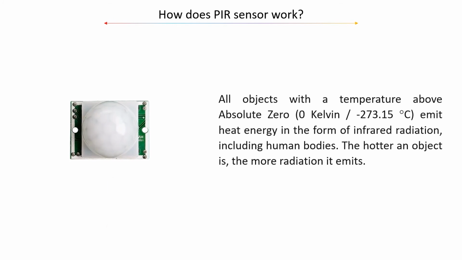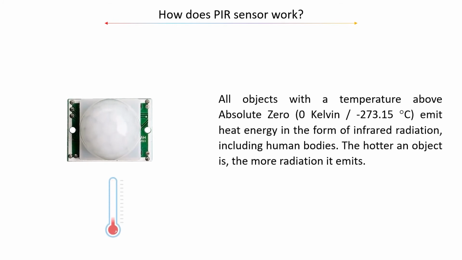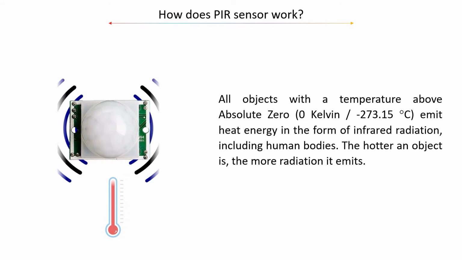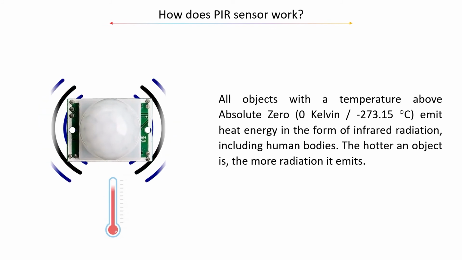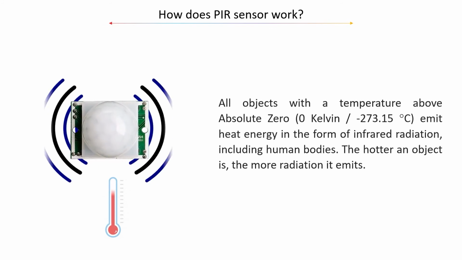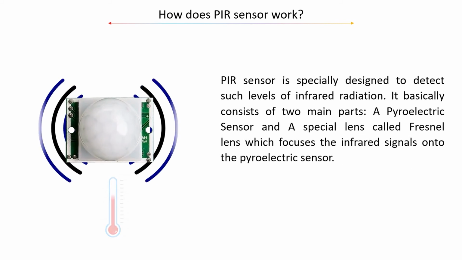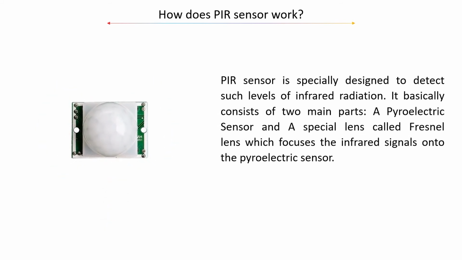All objects with a temperature above absolute 0 Kelvin or minus 273.15 degrees Celsius emit heat energy in the form of infrared radiation, including human bodies. The hotter an object is, the more radiation it emits. PIR sensor is specially designed to detect such levels of infrared radiation.